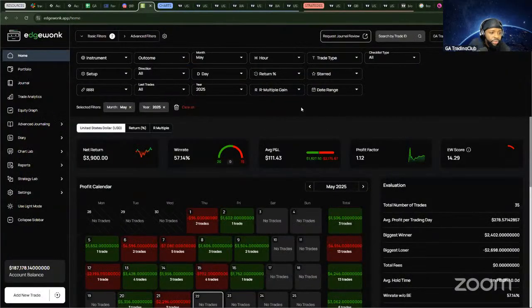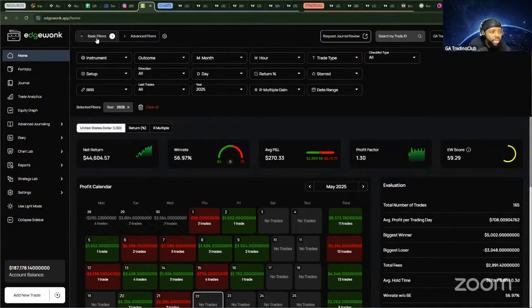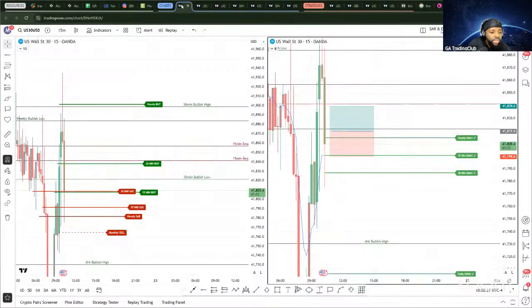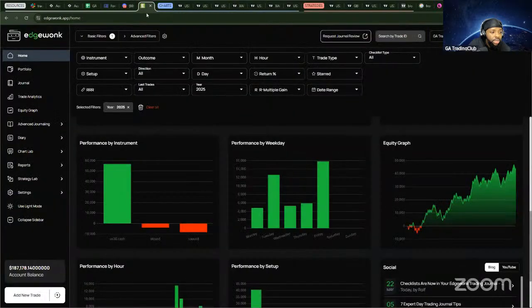And this year I've been up 44K, right? So this year, if we look at the growth for this account, it's 44K. Started off with a little bit of drawdown, especially due to some changing of strategies, etc. But you can see this year I've been consistent in just getting this account back up.